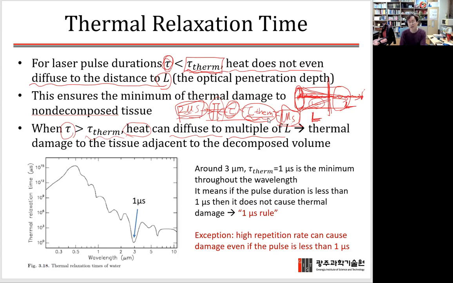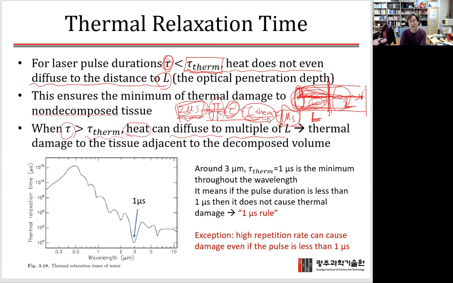So that means when you give the 2 microsecond pulse of laser to the tissue, not only those optical penetration depths of tissue will be affected by the laser-induced heat, but now you have a 2 times longer or deeper tissue affected by the heat generated by the laser.